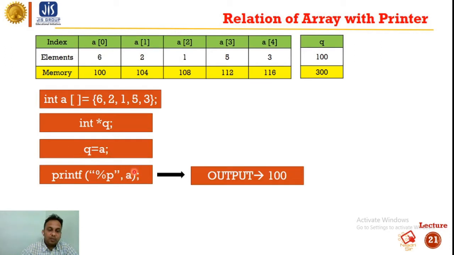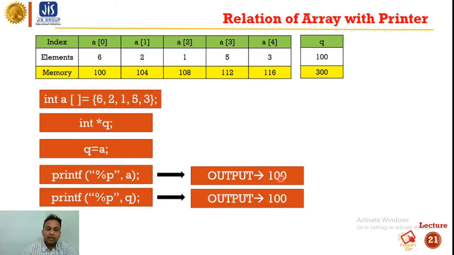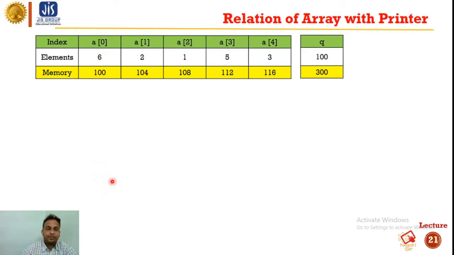So a also prints 100, and if we print q, q also prints 100. So array name acts as a pointer. If we print an array, it will print the base address, and if we print a pointer, it will print that as well.